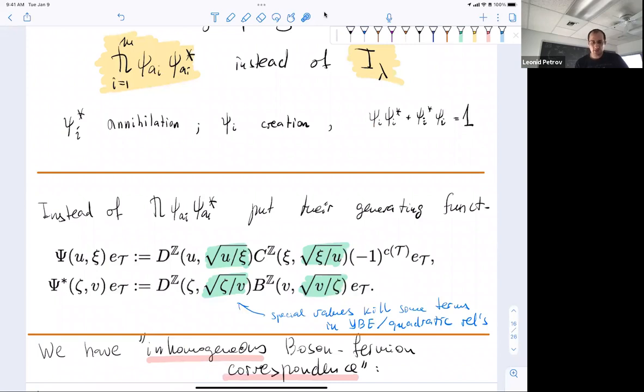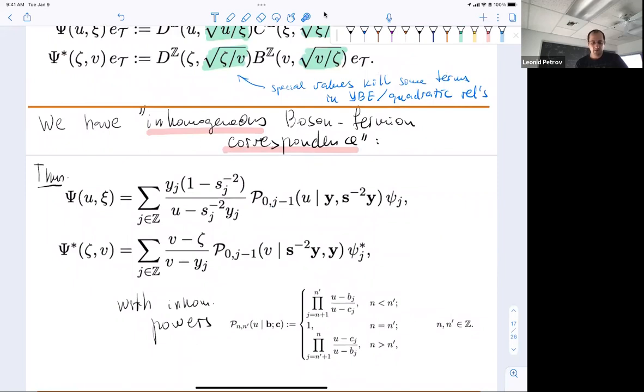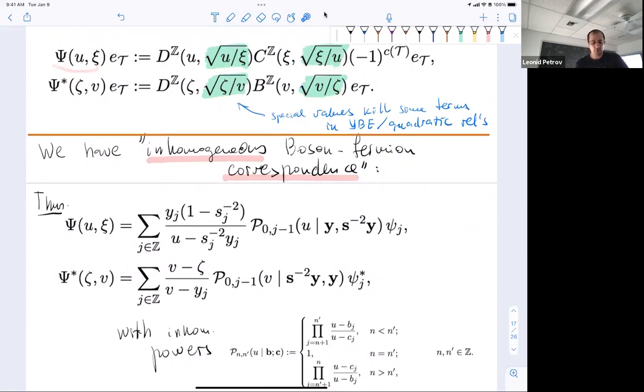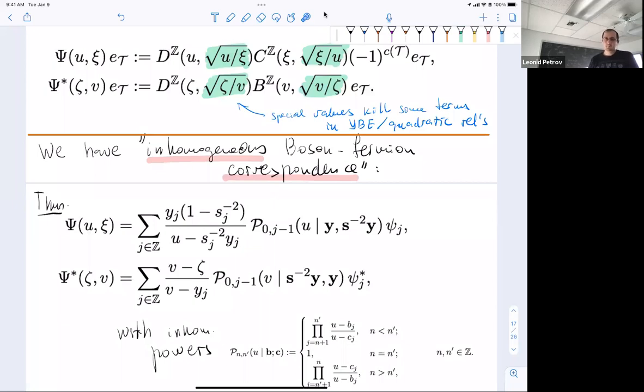And then these big psi and big psi star are expressed as linear combinations of little psi and psi star, and we call this the inhomogeneous version of the boson fermion correspondence, because in the usual boson fermion correspondence, you basically consider generating functions of psi and psi star with, instead of this big factor, just some power like z to the j, and then these generating functions are going to be exponents of the bosonic operators.